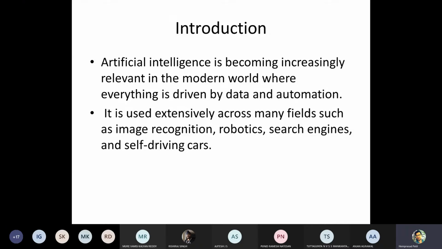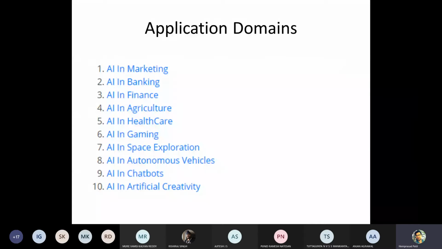So we will discuss applications in a domain-wise manner. These are the application domains: AI in marketing, banking, finance, agriculture, healthcare, gaming, space exploration, autonomous vehicles, chatbots, and artificial creativity. Only 10 domains are listed, but if you just Google AI in and type the field, you'll get some application.